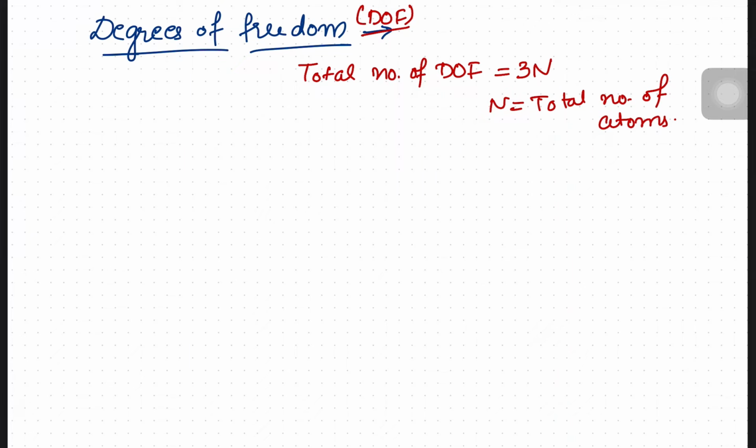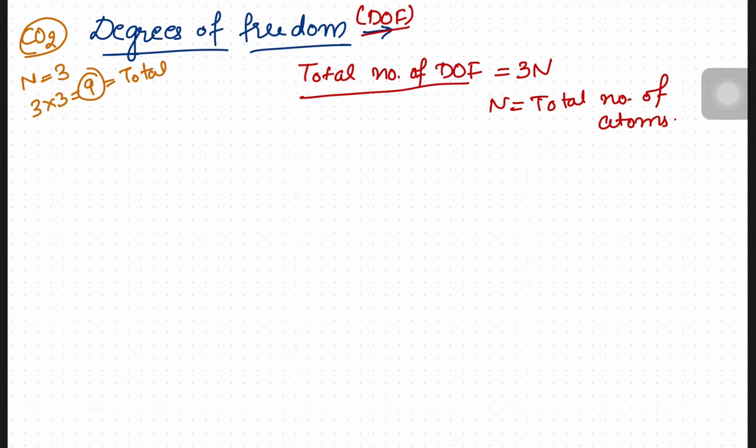Like for example, if you have carbon dioxide, the total number of atoms is 3, so the degrees of freedom will be 3 into 3, 9. So carbon dioxide will have total 3n degrees of freedom, right?